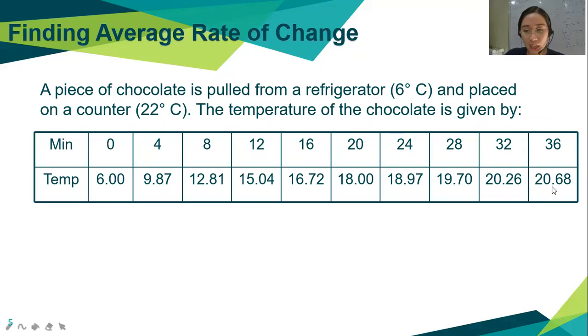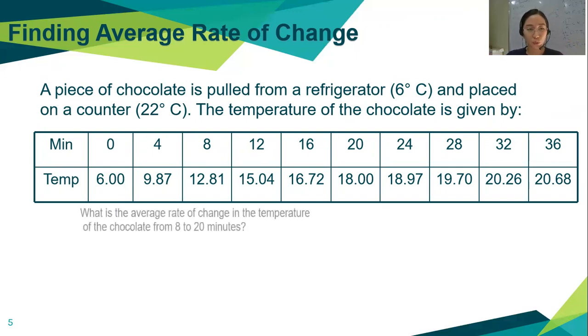Then the temperature changes according to time. For example, we take the chocolate out of the refrigerator. As you can see, the longer it stays out, the higher its temperature rises from 6 degrees centigrade, from when it was in the ref. Once it is out of the ref, it warms up, okay?